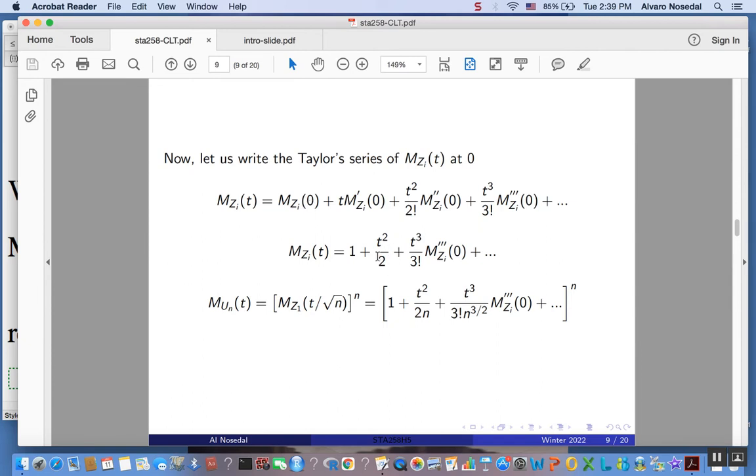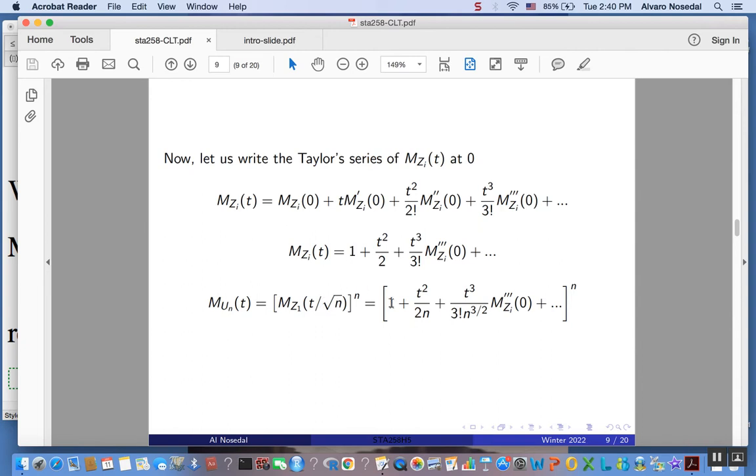Okay. Now note that that is just the MGF of a single Zi, but you want to evaluate that MGF not at t, but at t divided by the square root of n. So wherever we see a t, we're going to substitute a t divided by the square root of n.